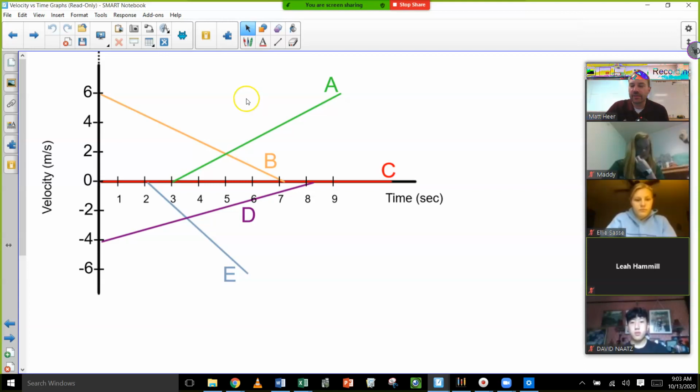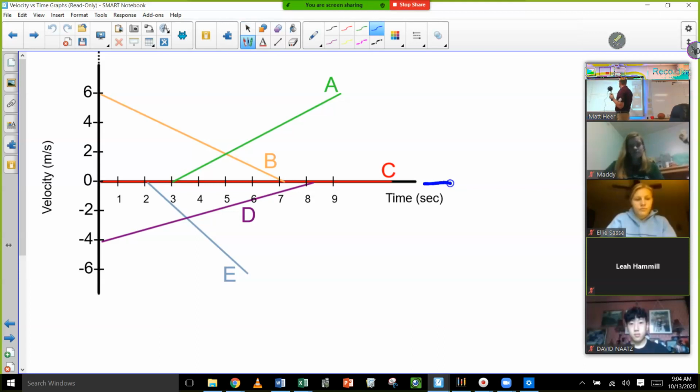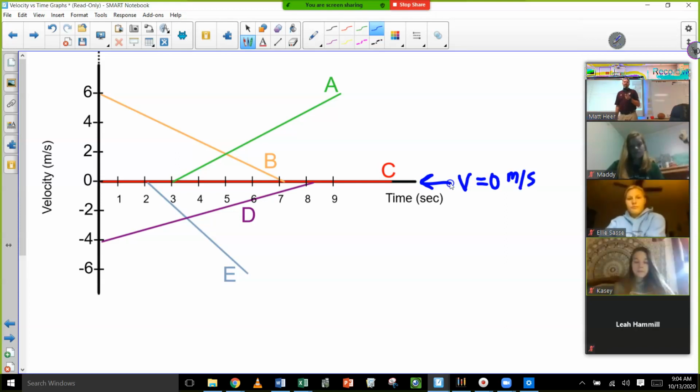Here's a different tack that I want to try, and this worked with Lex. In this graph right here, this is a very special place. Do you know what it means when your velocity is 0 meters per second? No movement? Yeah. In really simple words, it means you're standing still.